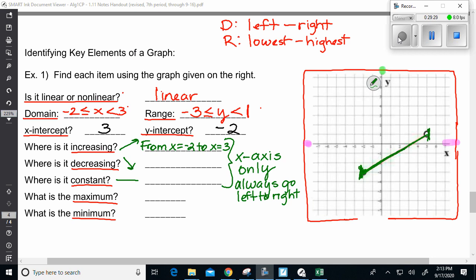Problem over. They ask you where is it decreasing, the graph never went down. If I'm going from left to right, it never goes down. So that's nothing. Was it constant? No, because the graph was never flat.